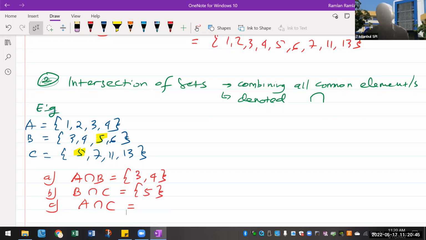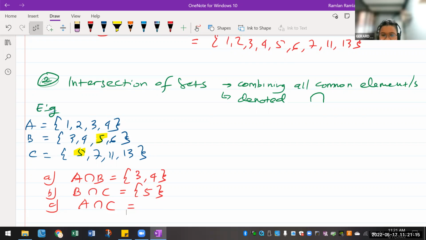Ya udah, nih ya. Pokoknya gampangnya gini, kalau kita ngomongin intersection, berarti kita cuma nyari elemen yang sama dari set-set itu. Ini kan setnya A sama C. Kita cari ada nggak sih yang sama dari A sama C? Kan A itu 1 2 3 4, C itu 5 7 11 13.